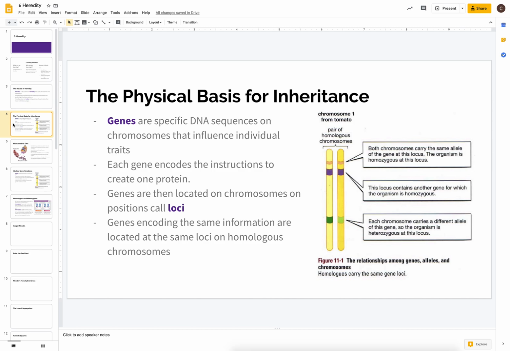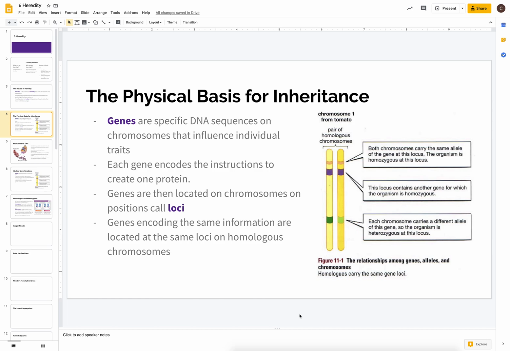Each gene is located at a position on the chromosome known as a locus. So you can see in the diagram here that we have three particular loci, one in orange, one in purple, and one in green. And each of those loci is a different gene. The genes, you'll notice, are in the same location on the two chromosomes.